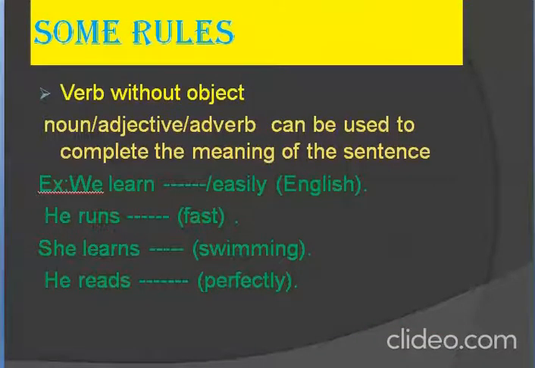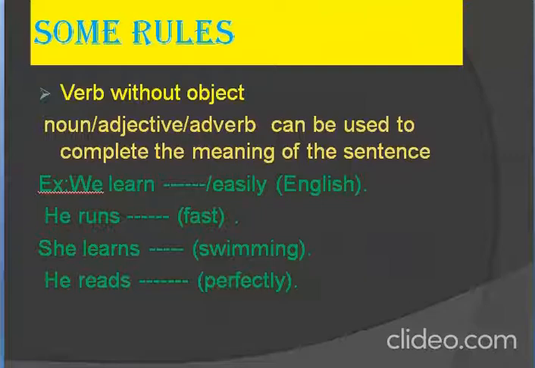Now I am telling you about the object of a verb. While completing your gap, if you don't find any object of your verb, in that case, you can use noun, you can use adjective, and also you can use adverb to complete your gap. But before completing the gap, remember the demand of the sentence. The example is, we learn. I have written here easily.